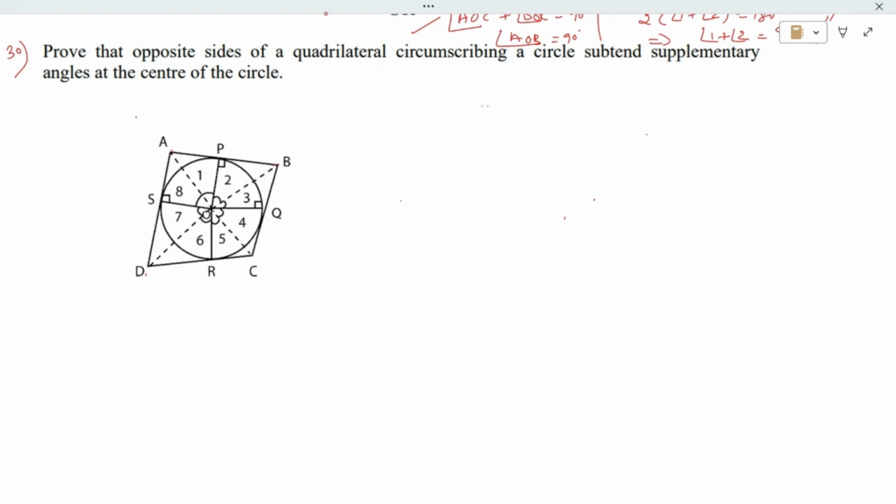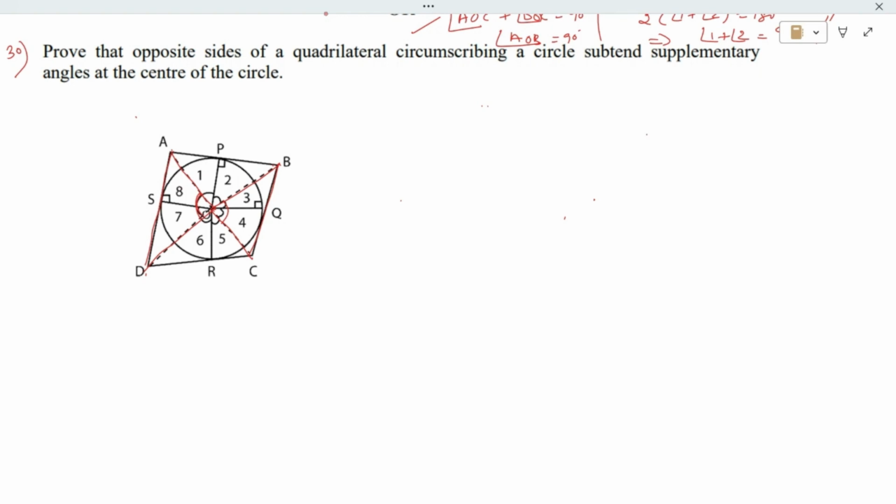Now I am taking the opposite sides, that is AD and BC, and they make angles at the center, right? AD makes an angle AOD, and BC makes an angle with the center as BOC. So these two angles add up to 180 degrees. That's what my proof should be.